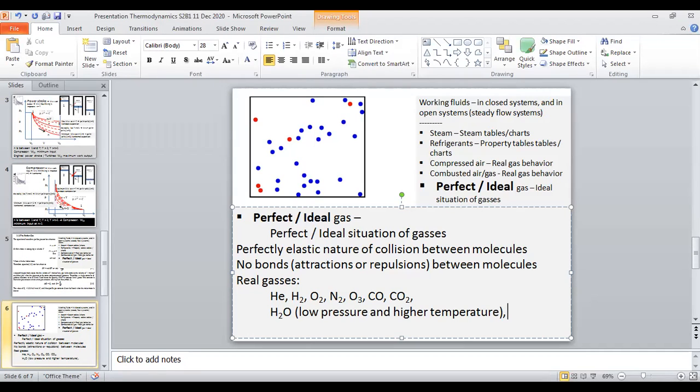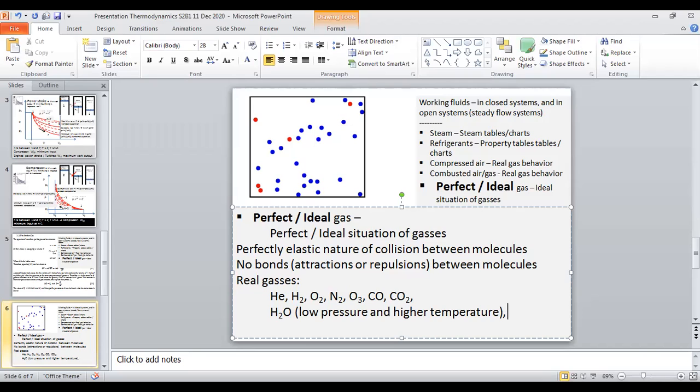Vacuum drying, for example with vegetables, vacuum packing or vacuum drying is possible. You subject these vegetables to low pressure so that the molecules are quite loose, their interactions are weak, and they are free to move and even leave. So low pressure and high temperature.